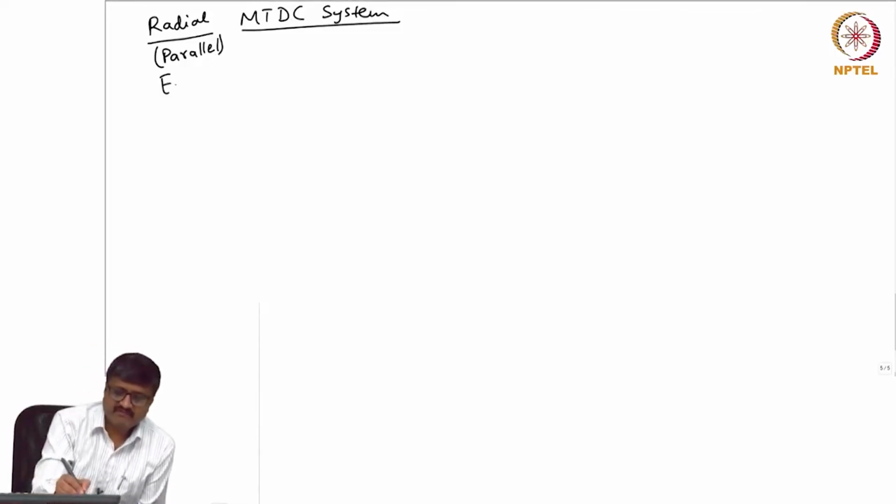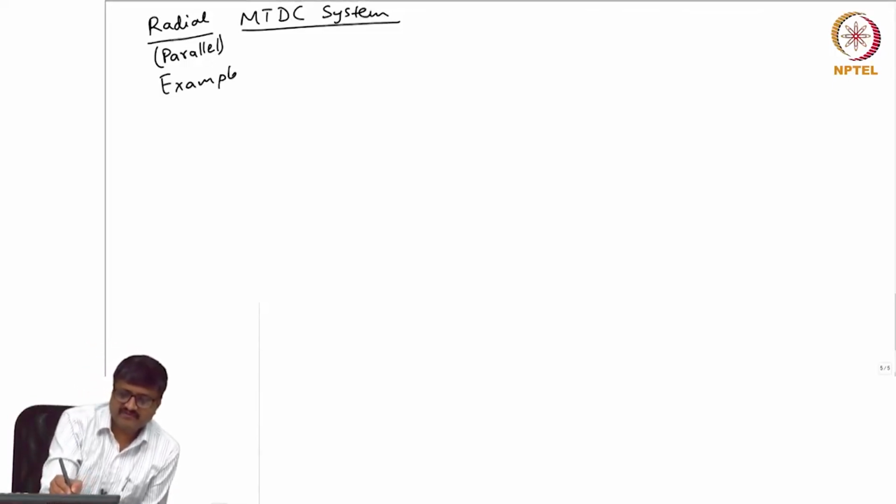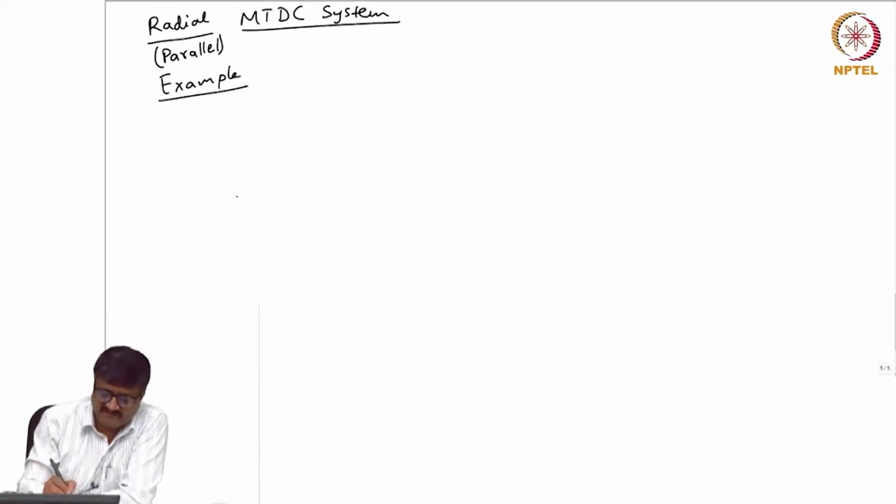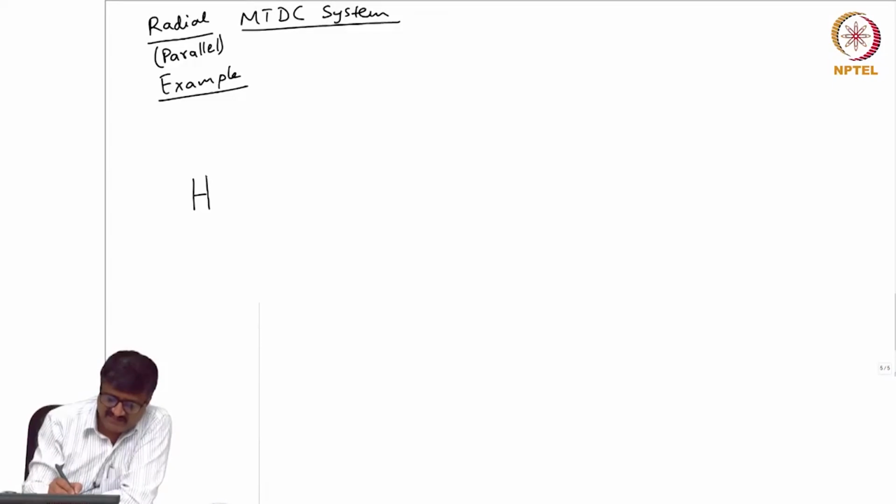Again, instead of giving a precise definition, I will first give an example which conveys better. So, again I will show 3 buses, and at each bus there is a converter.